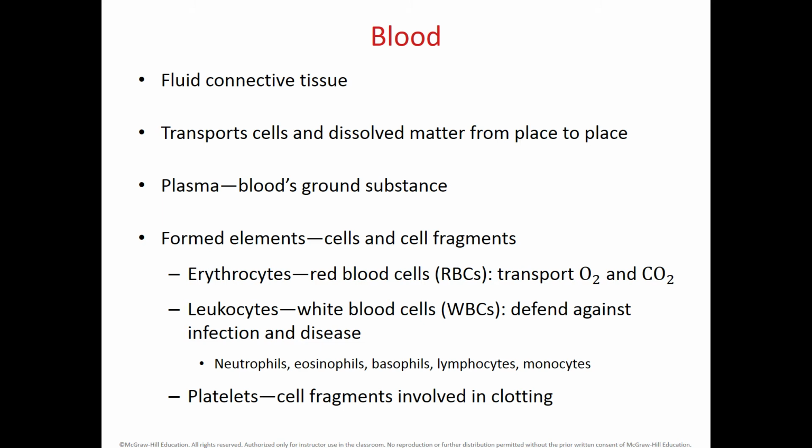The erythrocytes, which are the red blood cells, transport oxygen and CO2. The leukocytes, which are the white blood cells, help to defend against infection and disease. Types of white blood cells are neutrophils, eosinophils, basophils, lymphocytes, and monocytes.